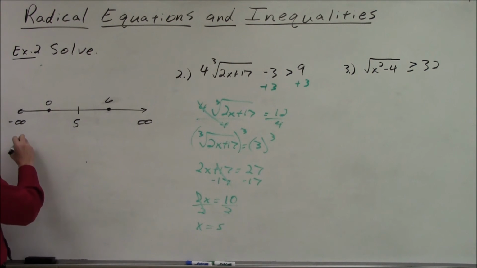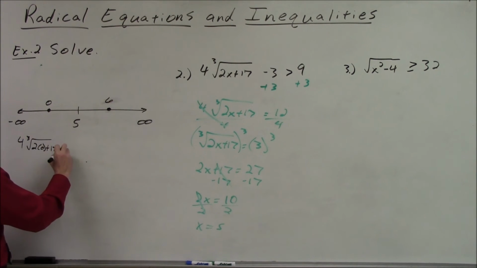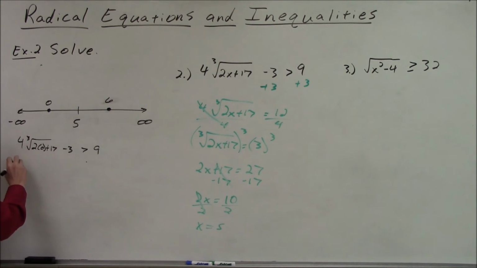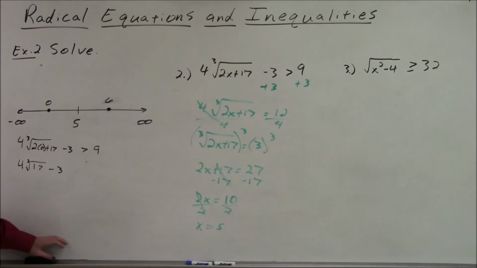And test them out. 4 times the cube root of 2 times 0 plus 17 minus 3, is that greater than 9? That's just going to give us cube root of 17. Cube root of 8 is 2.